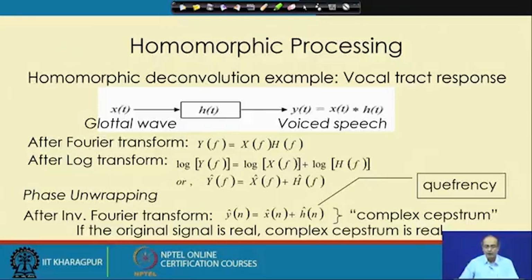Now, before that, first try to understand why we would be interested in such kind of activity. There could be many applications which will need only one component of them. You see that when we are uttering a sound, there are two parts. One part is specific to the person who is uttering that.